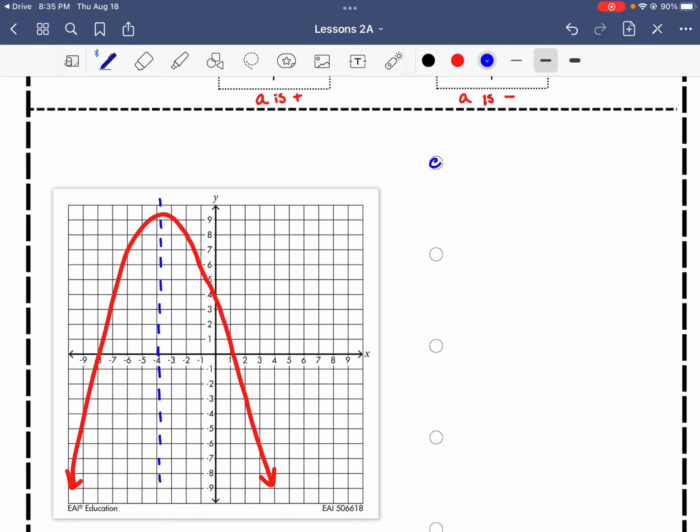So right here, with whatever color you're coloring that in, you're going to put axis of symmetry. Now, your axis of symmetry is usually an equation. So it's something like x equals blank. This is very important.